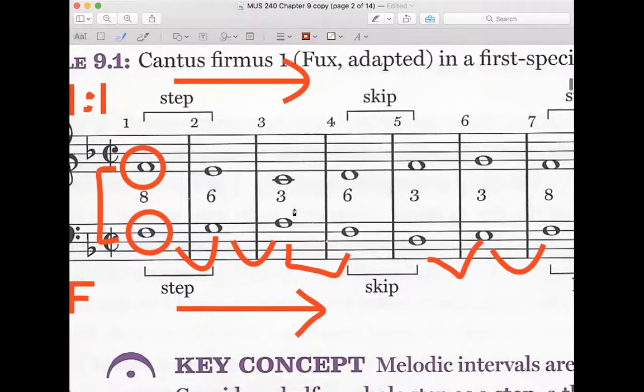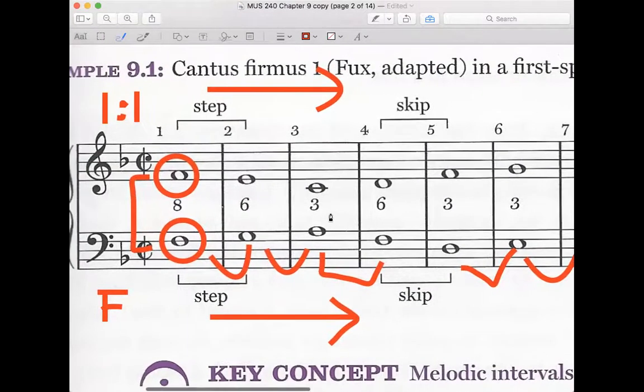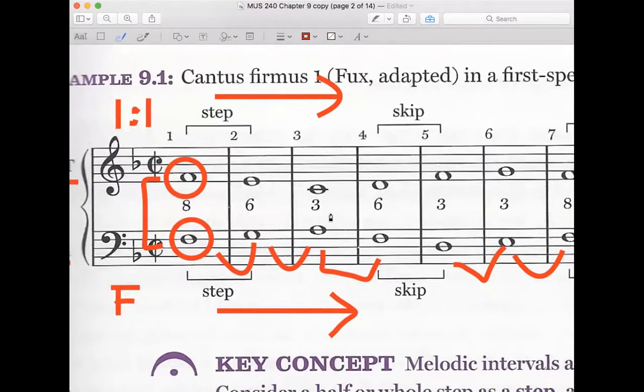Now, you might have come up with the wrong numbers, and sometimes this happens. This happens quite frequently at the beginning of this course, because it's very easy to do what's called invert your intervals, meaning, wait, which G and which E? Wait, which A and which C? Because it does matter where they are. So what I want you to do is find these notes on the keyboard, F to F. Okay, that's an octave. What about this G in the left hand to this E in the right hand?